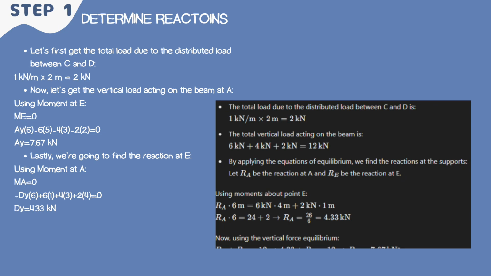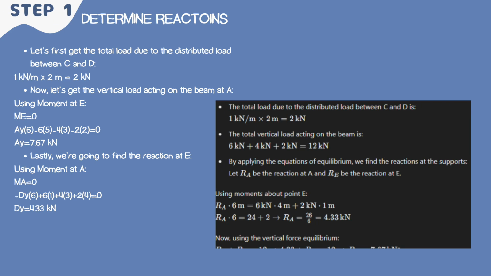The summation of moment at E equals 0, which is going to be Ay times the total length of the beam, which is 6 meters, minus the first force, 6 kN, times its distance, 5 meters, minus the second force, 4 kN, times its distance, 3 meters, minus the distributed load, 2 kN, times its distance, 2 meters, equals 0, which gives Ay equals 7.67 kN.